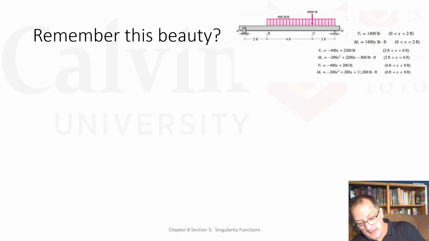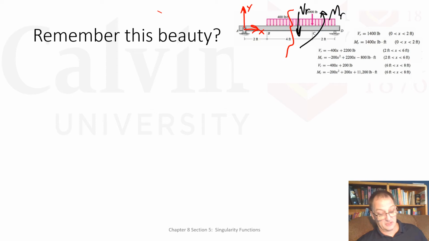If I break my beam there, now I've got to put my coordinate system back on, right? Y, X, and I've got to put my reaction forces, VR, MR. The only one I'm going to use is the V, because I'm just going to do the sum of the forces in the y direction equal to 0.